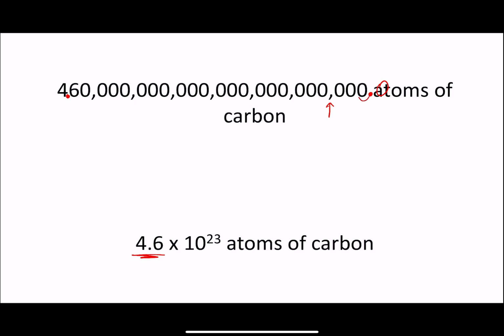So we go 1, 2, 3, 4, 5, 6, 7, 8, 9, 10, 11, 12, 13, 14, 15, 16, 17, 18, 19, 20, 21, 22, 23. So there you go, 23 jumps, so your exponent is going to be raised to the 23rd power. It's going to be 4.6 times 10 to the 23rd. That's how you do that.